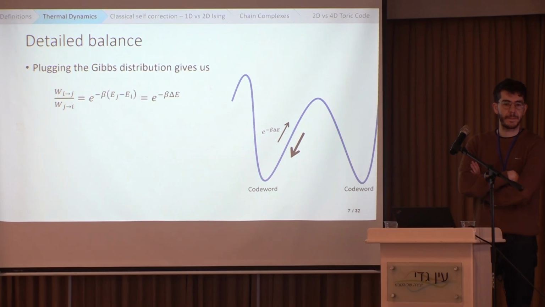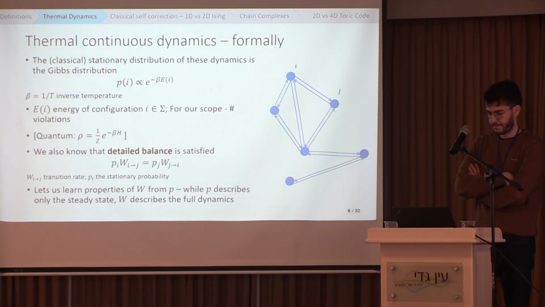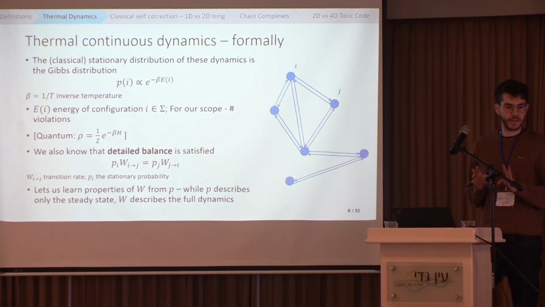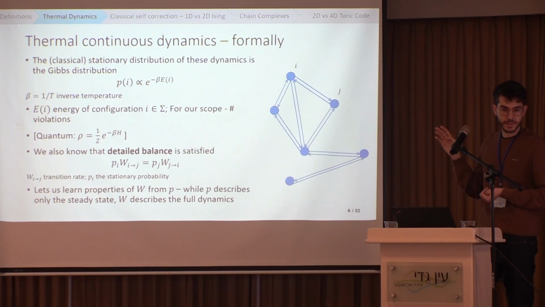Nadav, before you move on, can you go back to the previous slide? You said in this case you assume detailed balance. What do you mean? Basically what you mean is that when we couple a thermal bath under these assumptions, we know the detailed balance holds. These assumptions mean that you have only a single bath, right?